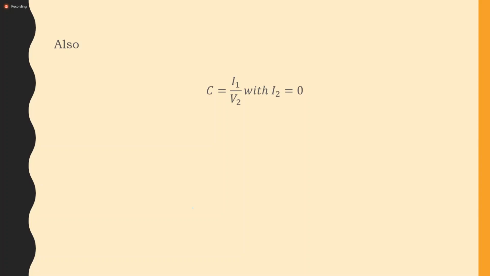Sir, can you repeat that question? Based on I1, I1 is the current at port 1. Let's go back to the diagram you have in front of you. I1 is going into the network. Based on that current, what will be the voltage across the 20 ohm resistor? Sir, 5 I1 over 10 plus 20.